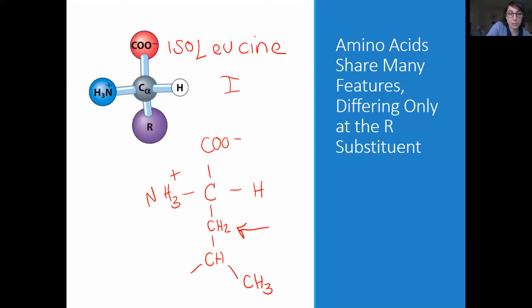This CH3 group is moved to the middle here, and this is now a CH2. And yeah, CH2, CH3. So that is isoleucine, which is I.